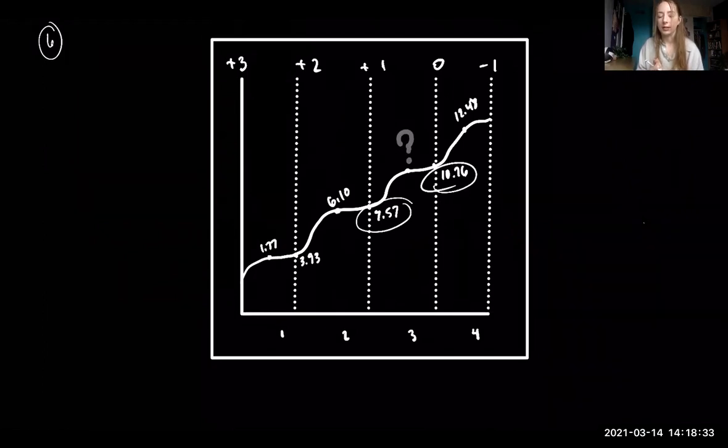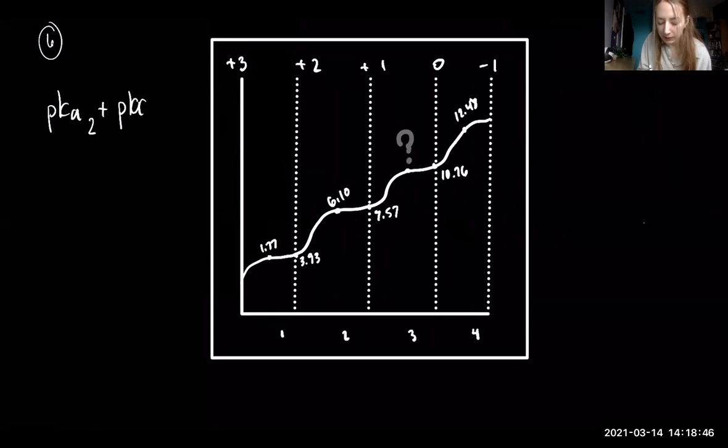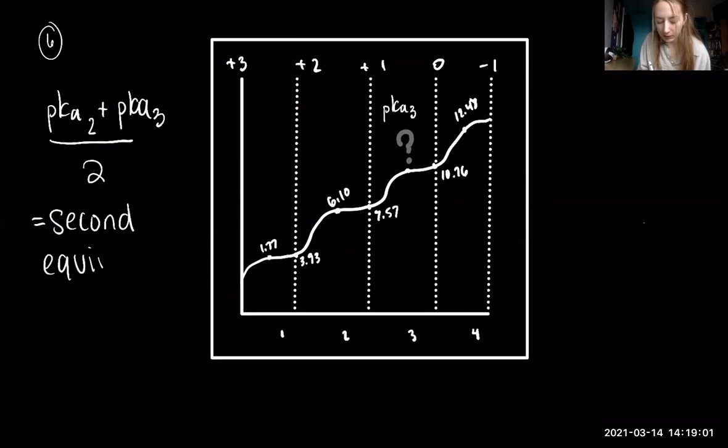Right. We cannot. The only way to do this is by using the same formula we just did before, which is pKa2 plus pKa3, we're looking for pKa3, divided by 2 is equal to the second equivalence point pH. So let's do it on the right side here. We don't know what pKa3 is, but we do know what pKa2 is.